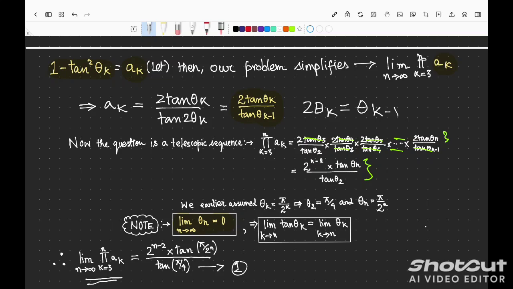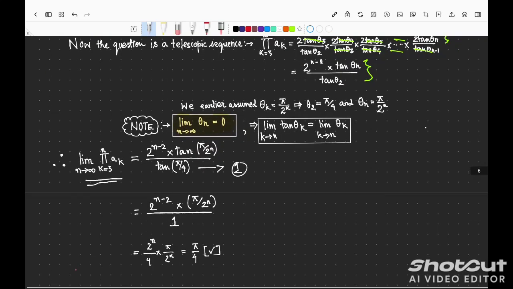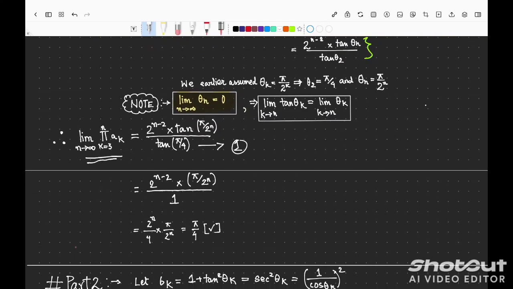We all know this. And as we have mentioned in the hints earlier, tan of pi by 2 to the power n is just equal to pi by 2 to the power n. So we can just write down the answer to the first part of the question as pi by 4, right?